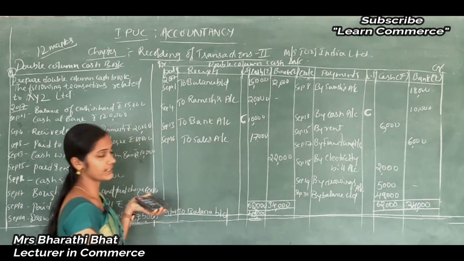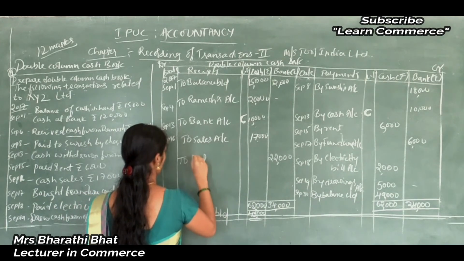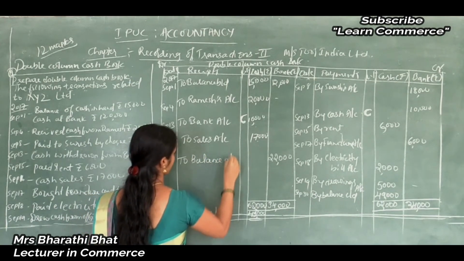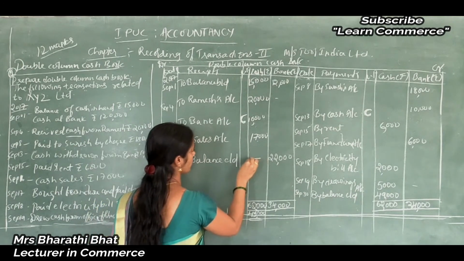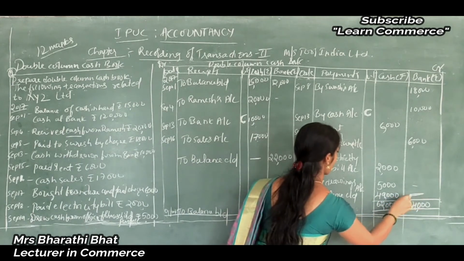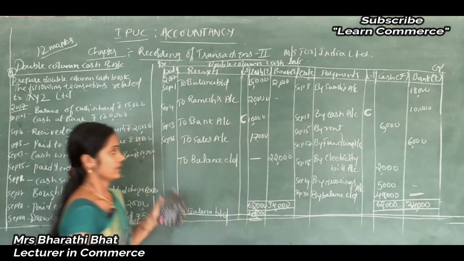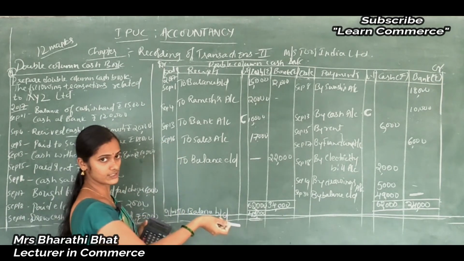So what we can do now, we need to balance this. To balance carried down, just put a dash on this side. Carried down on the debit side, then brought down on the credit side.